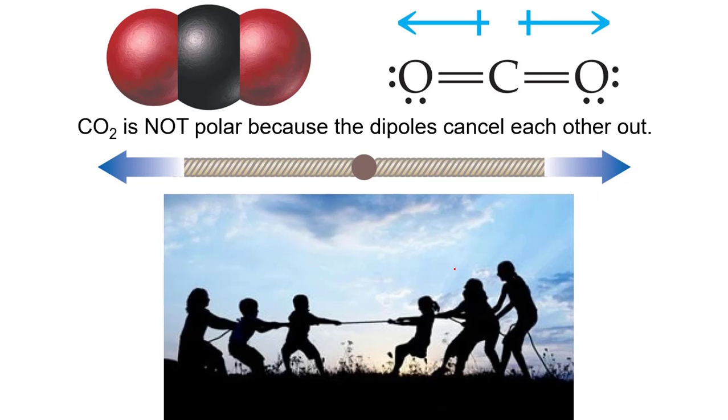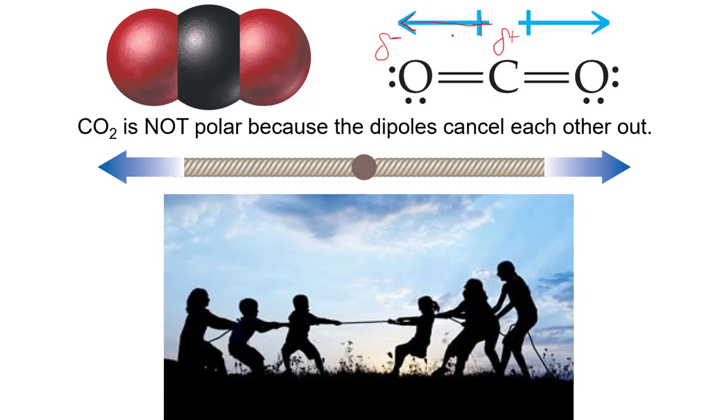Let's do an example. With carbon dioxide, we know that this carbon is positive. So remember that partial positive symbol? It gets replaced by the tail of the arrow, the positive end. And then the oxygen is partially negative, and so it gets the arrowhead. The arrowhead correlates with the negative side, and the arrow tail is indicated with the positive side.